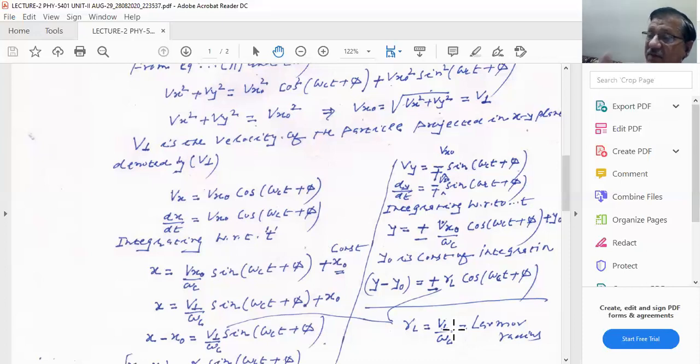So the Larmor frequency of the electron is greater than the Larmor frequency of the ion. That is very important. Please note this down.